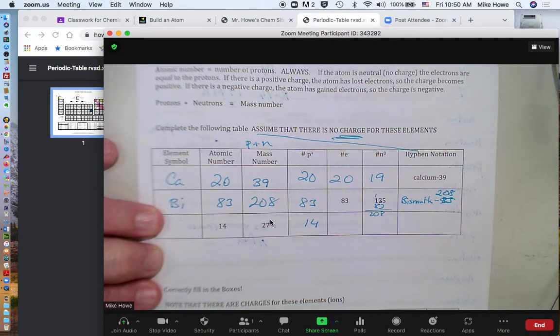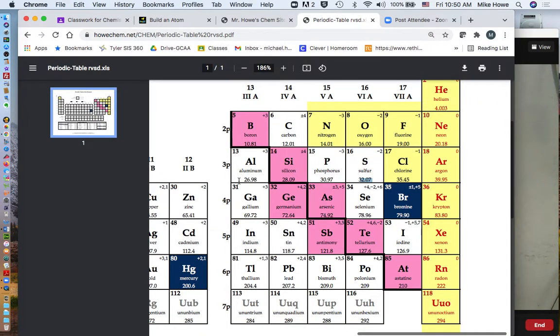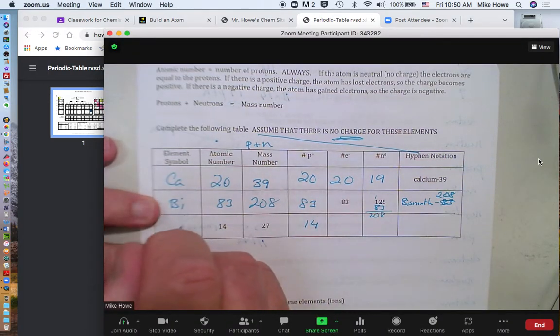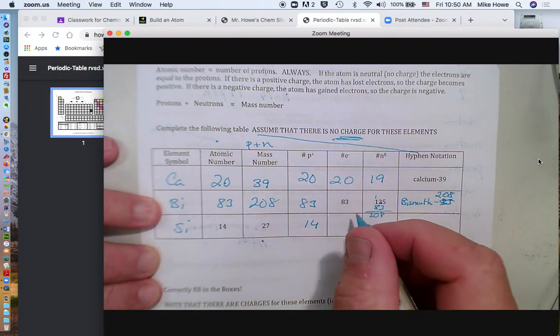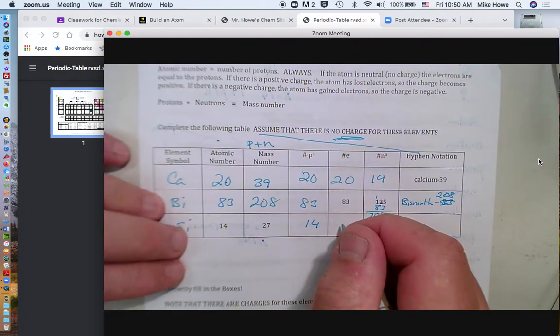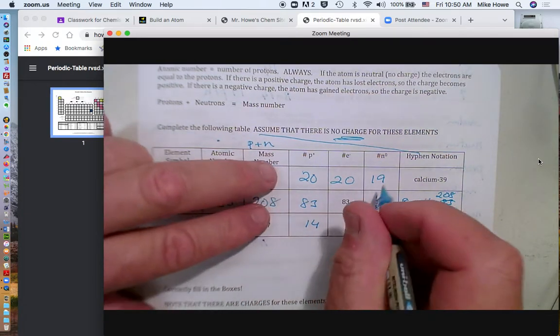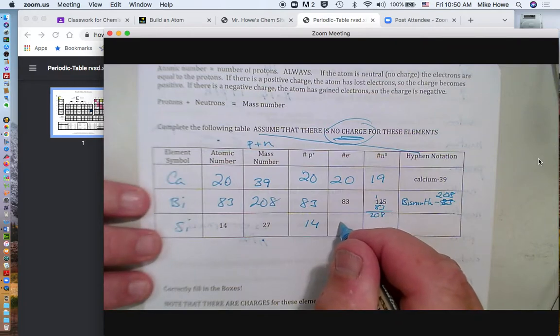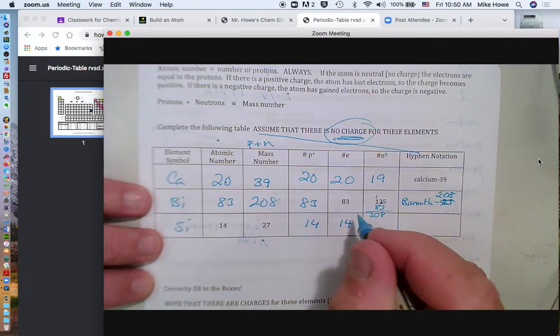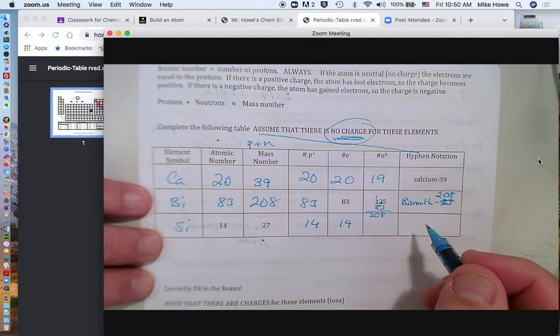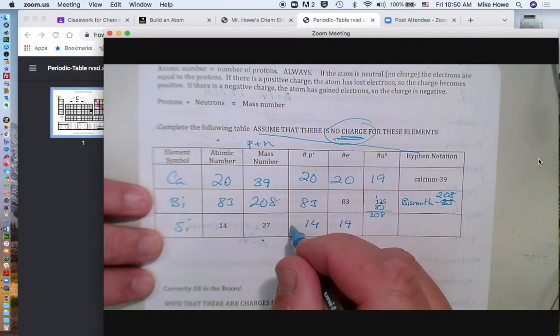All right, so the mass number here is 27. The atomic number is 14, so you flip back over. Atomic number 14 is silicon, so that's Si. The number of electrons is equal to the number of protons if there's no charge, and it said there was no charge on these, so that would be 14. The mass number is the protons plus the neutrons.